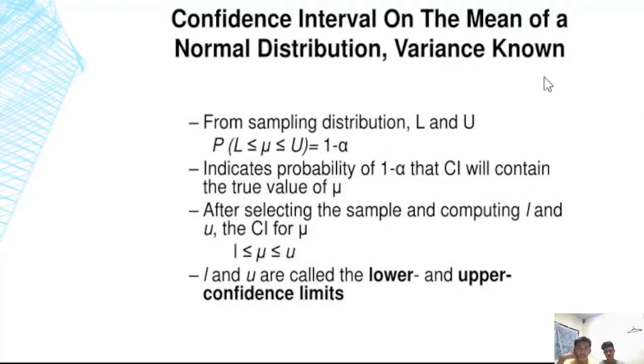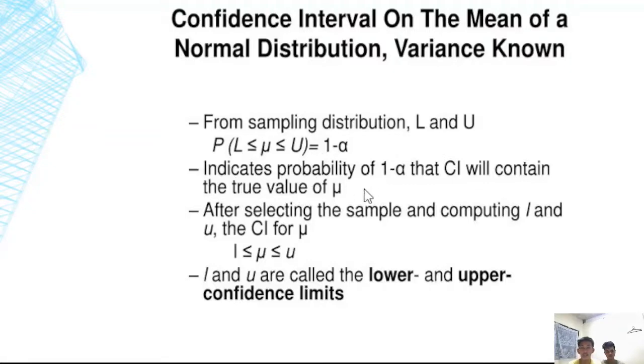Confidence interval on the mean of a normal distribution, variance known. From the sampling distribution, L and U: P of mu greater than or equal to L and mu less than or equal to U is equal to 1 minus alpha.